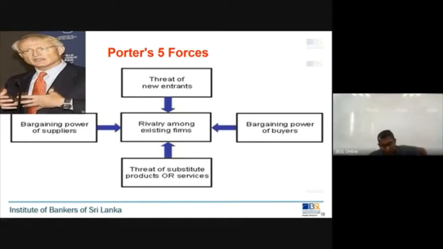I gave you an example for Dialog. Now you can understand how Porter's five forces impact your strategic planning process analysis. It's a very famous one.